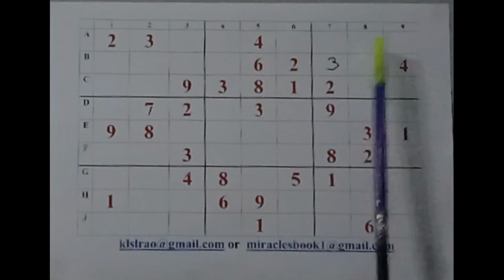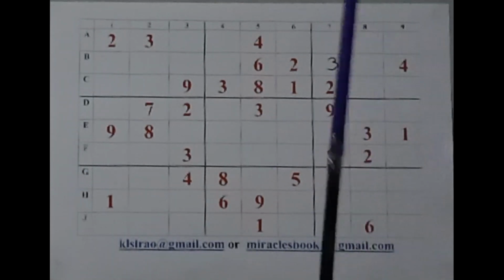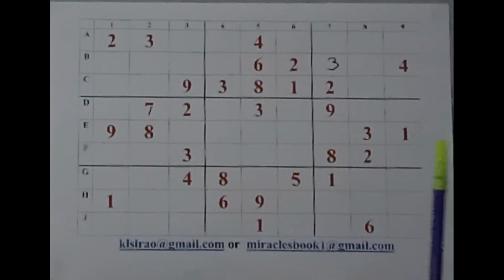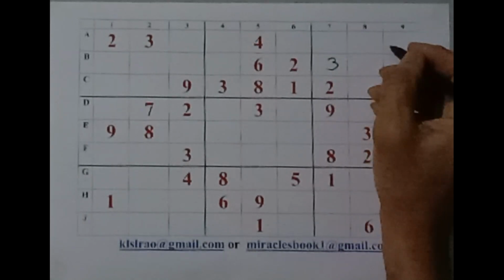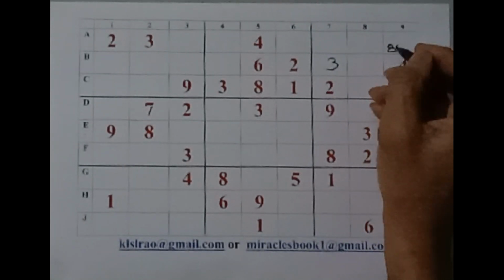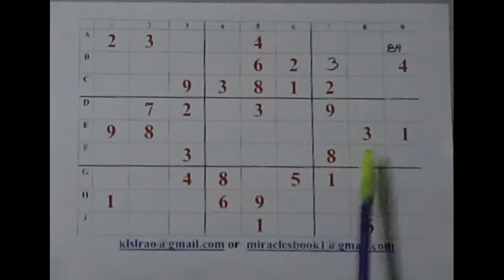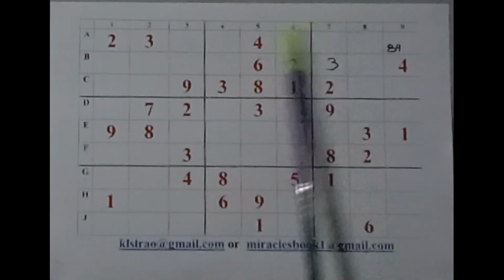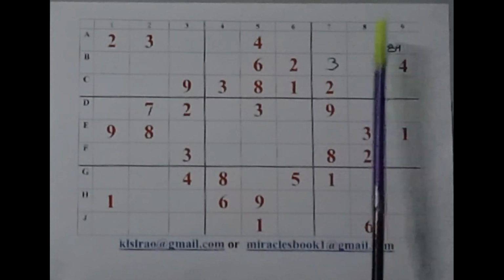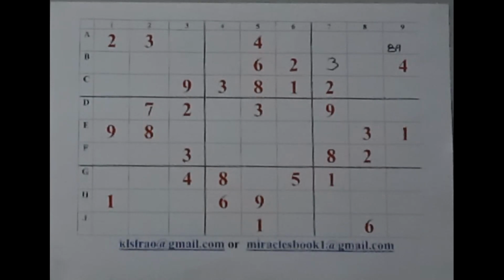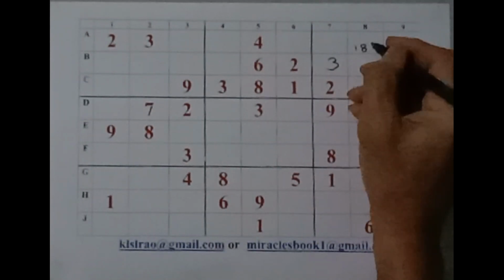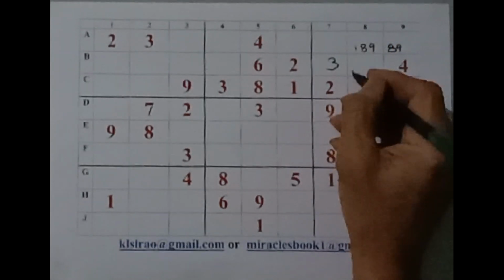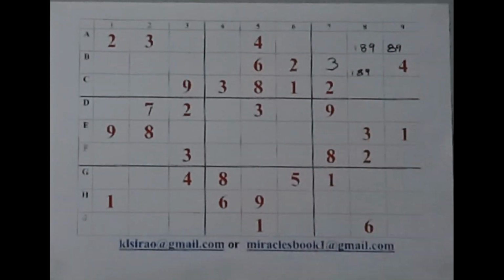So let us allot those cells to them. We have number 1 here, so we can write 8 and 9 only here. That's 8 and 9. And here we don't have number 1 or 8 or 9 across, so all 3 numbers here, let's write them 1, 8 and 9.